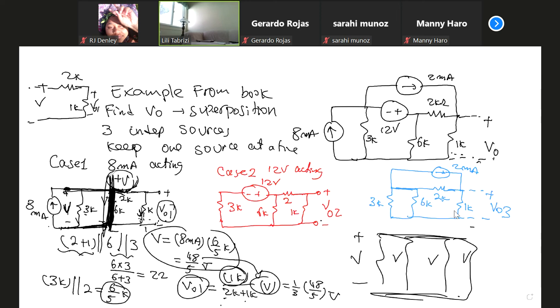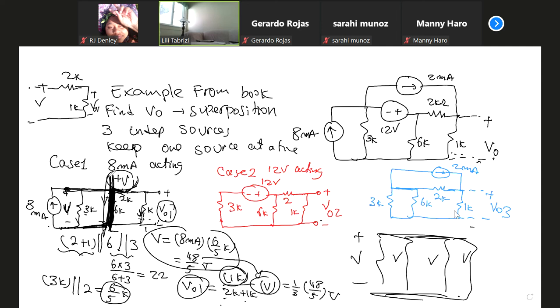Any question, because this is also a practice of your previous single source analysis, voltage division, current division. Also, superposition for some people is not a shortcut, because you have to do circuit analysis 3 times, 4 times, 5 times because of the independent sources.